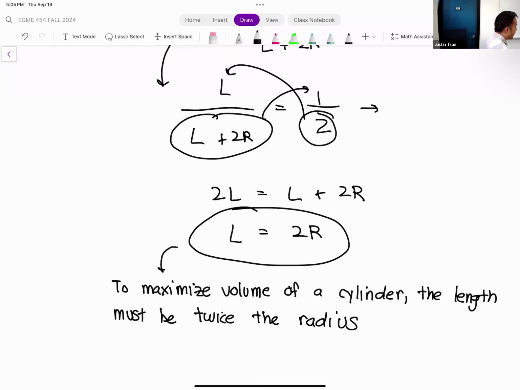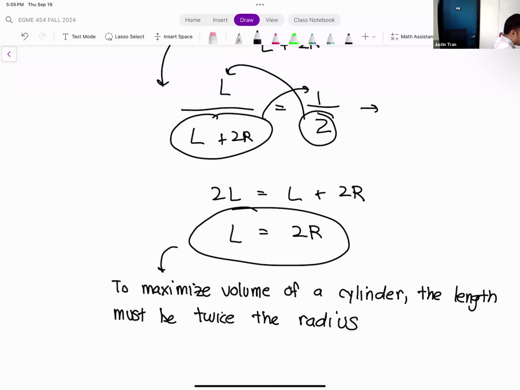So that goes for any size cylinder. And so in theory, if you specify the radius, so let's say that the maximum radius that you can apply is maybe 10 centimeters, that means if you want to have a cylinder with maximum volume, you set the length to be 20 centimeters. Okay. So that's a really cool result, even without incorporating our constraint.